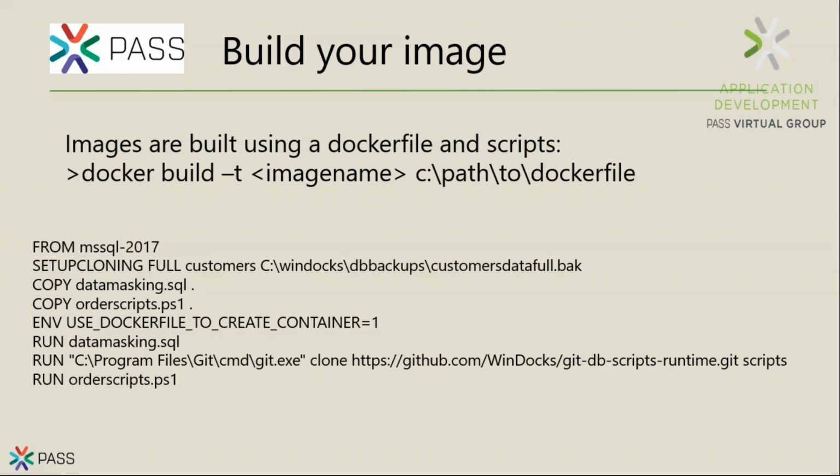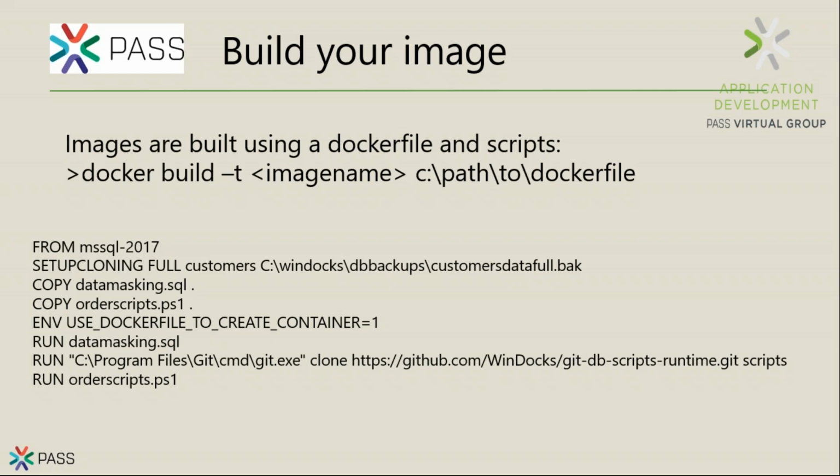And then there's an environment variable to use the Docker file to create the container that designates the things that are going to be run at the container runtime. So you can see we're going to apply the data masking script. We're going to clone our source repo into the container. And then we're also going to run that order scripts PowerShell script.